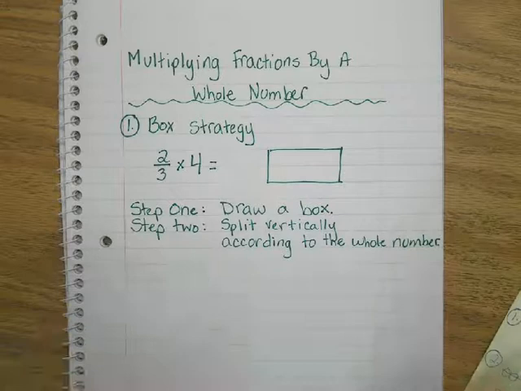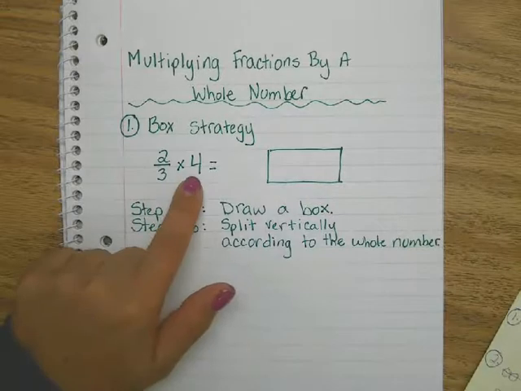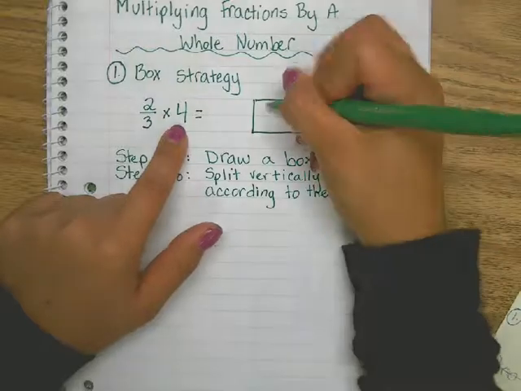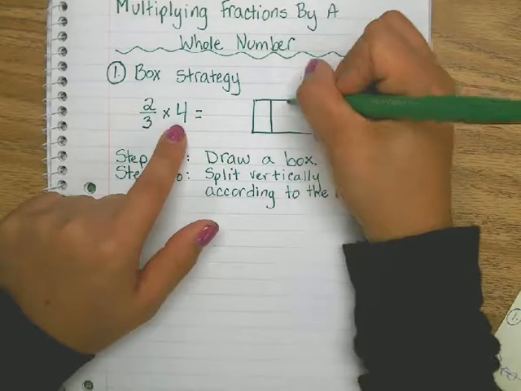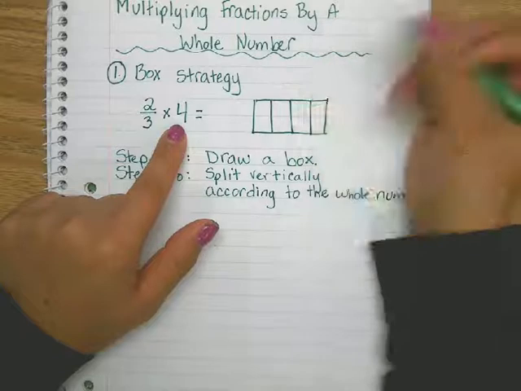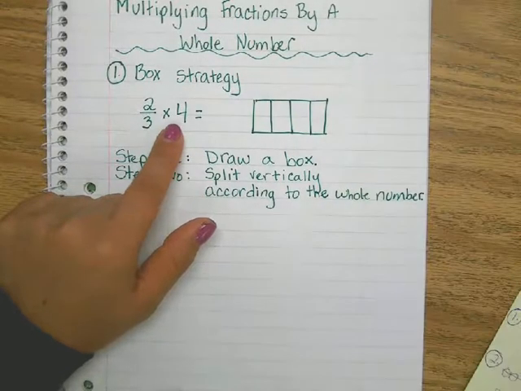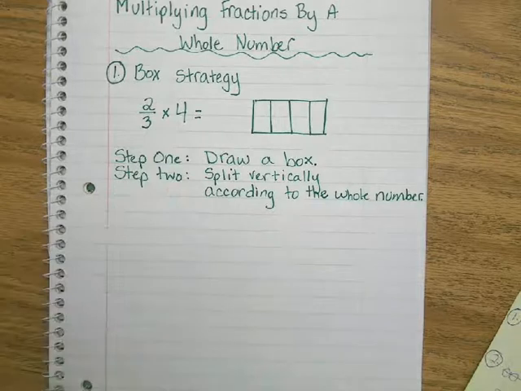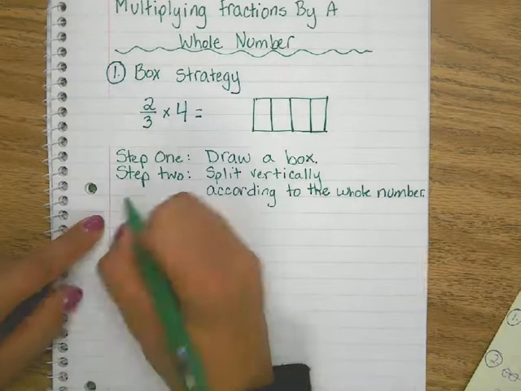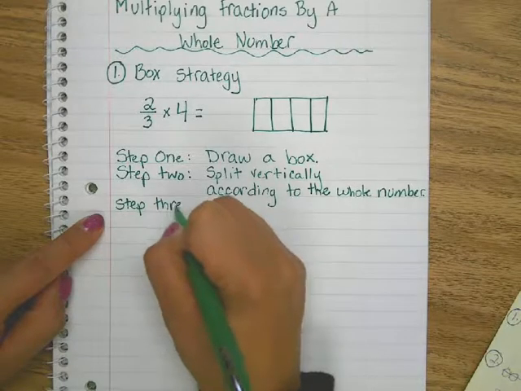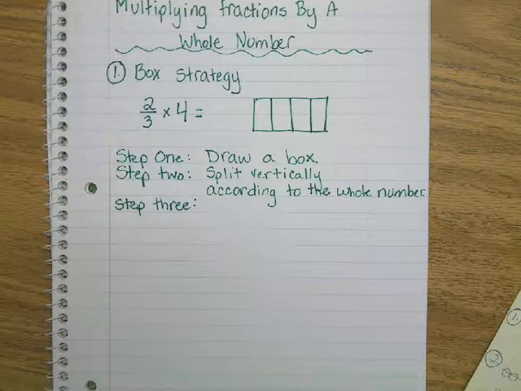Okay, my whole number is 4, right? So vertical is up and down. So I'm going to split it into 4 equal parts. 1, 2, 3, 4. Okay, then what's step 3? Zoe. Exactly.